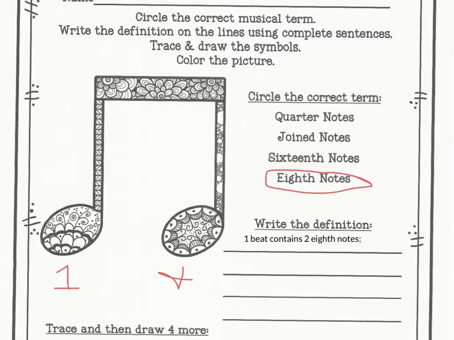Or 2 eighth notes equal 1 beat. They both mean the same thing, I'm just saying it differently. But the important thing for you to understand here is there's 2 notes, but it only equals 1 beat. So when you were to do this, it would be counted as 1 and in the music.